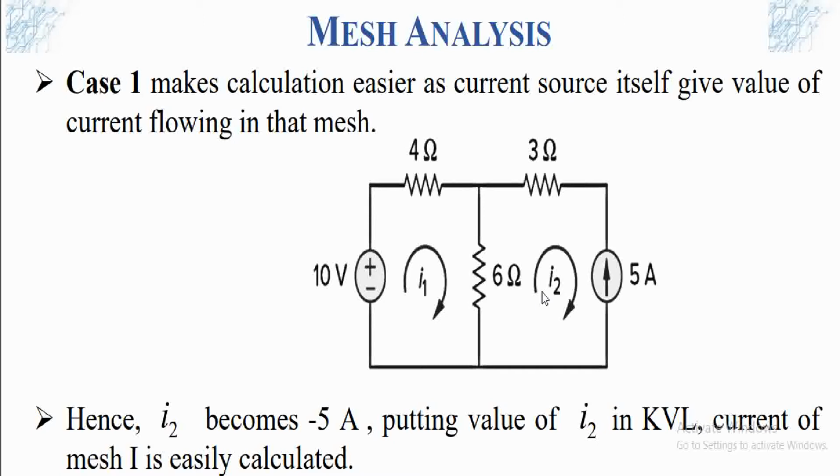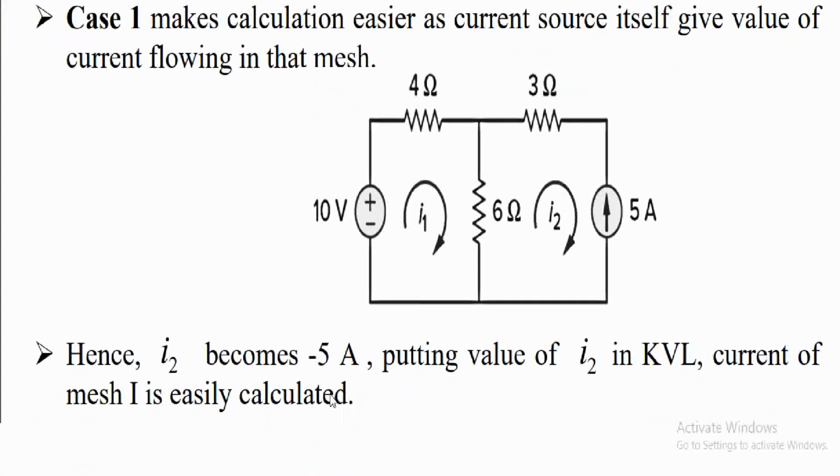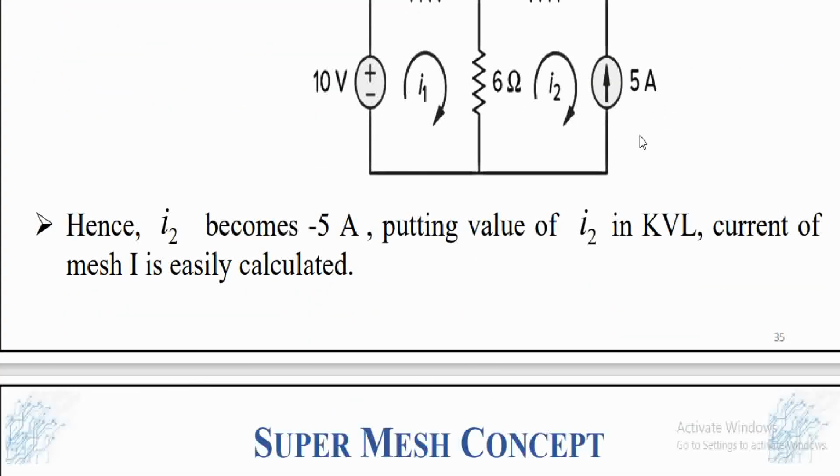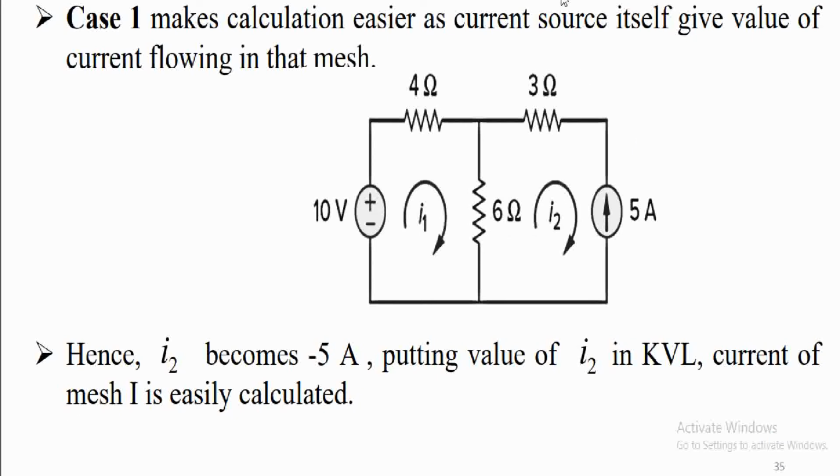What is the purpose of knowing this I2? Because the main intention of mesh analysis is to find the currents. But with the current source in the mesh, it gives the value of the current flowing in the mesh. So if it gives the value of the current, what is the need to apply KVL to that mesh? No need. Hence the current I2 becomes -5.